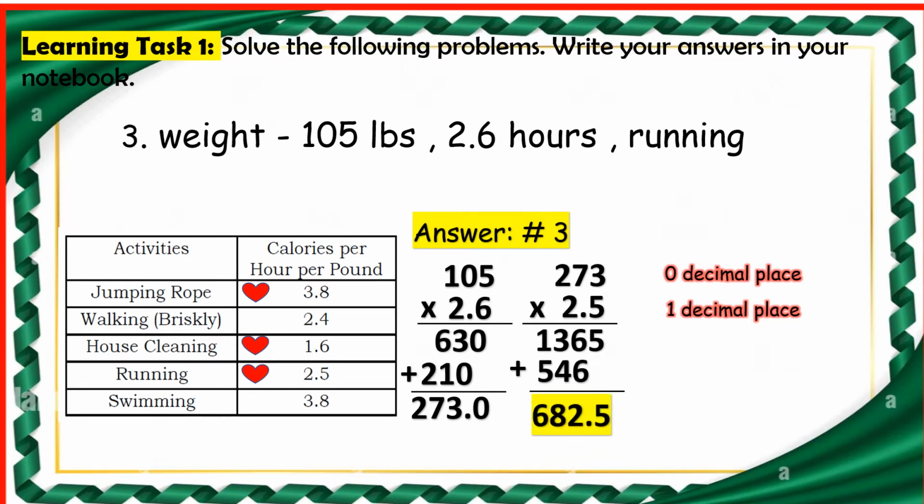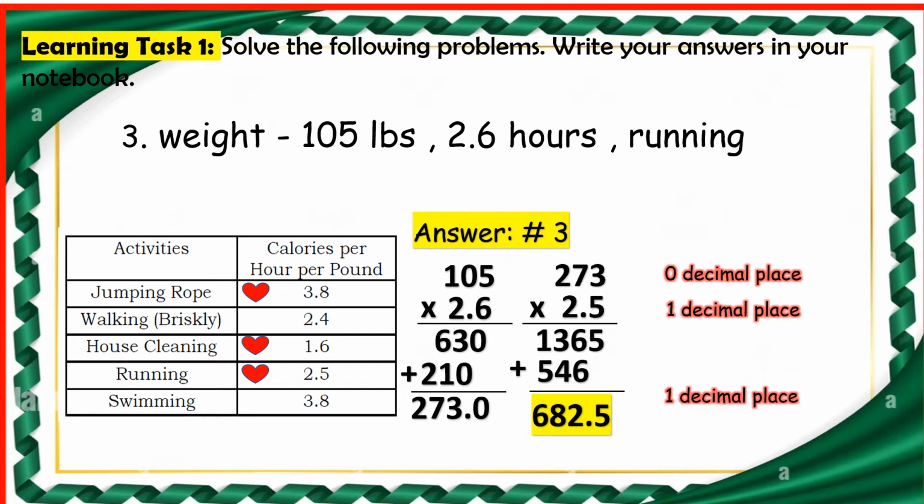So we will bring down 5 and then add 6 plus 6 is 12, carry 1. And then 3 plus 4 is 7 plus 1, we have 8. And then we have 1 plus 5 is equal to 6. So the answer now is 682.5.